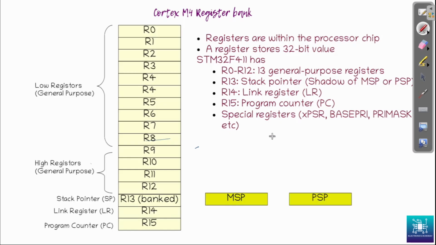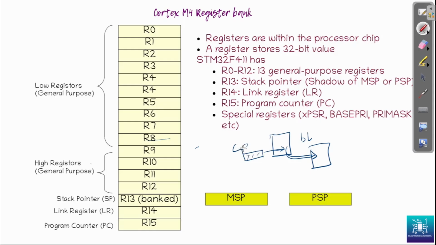The link register is used when you are executing a subroutine and then jump to another subroutine. When the jump happens, there is an assembly instruction called branch and link. When you do that, the address next to wherever you jumped from in the caller function is stored in the link register.